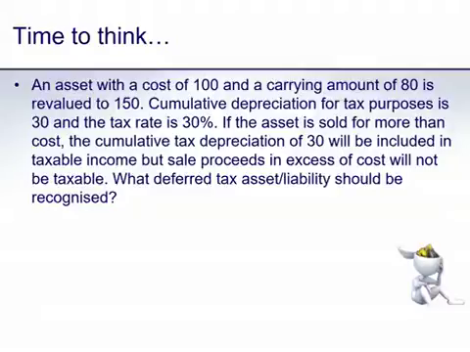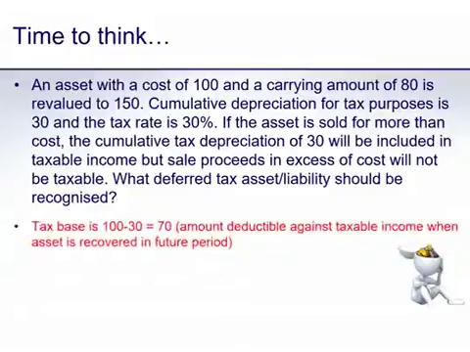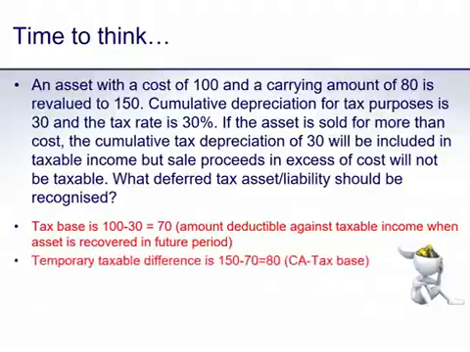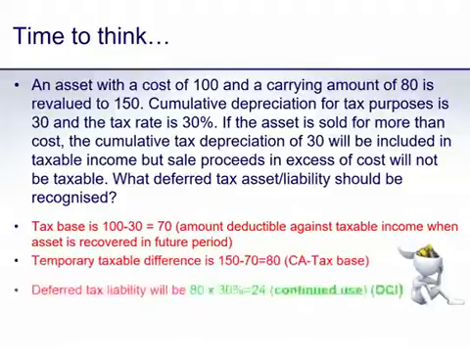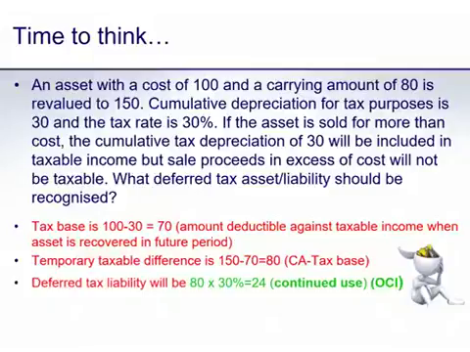So for the first example, let's consider that the asset is used. We have a tax base of 70, which is the original cost of 100, less the 30 that's already been claimed for tax purposes. In other words, the future tax deductions. The temporary difference is the carrying amount of 150 less the tax base of 70, resulting in 80, on which we recognize deferred tax at 30%.